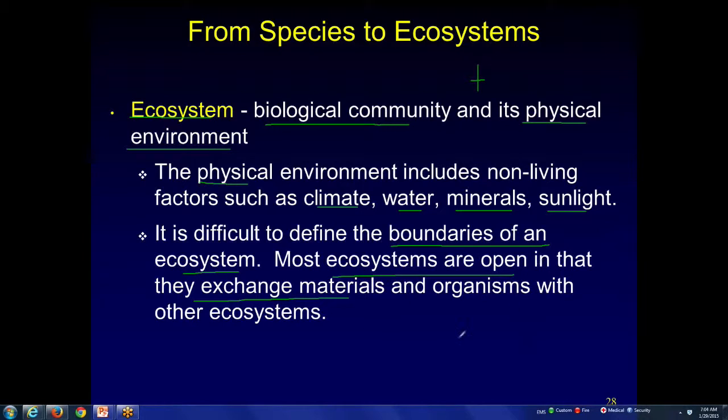You know, you might have a migration where you have a population of zebra move into the ecosystem and then move out, and they will exchange materials. As they eat materials in that area, they'll pick those up and then take them out. Or they might bring in materials in the form of fecal matter. So it's very difficult to define clearly where the ecosystem starts and ends.